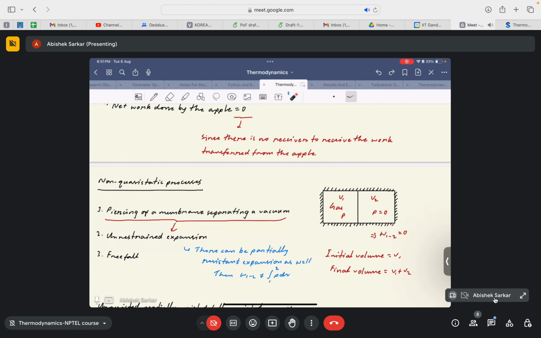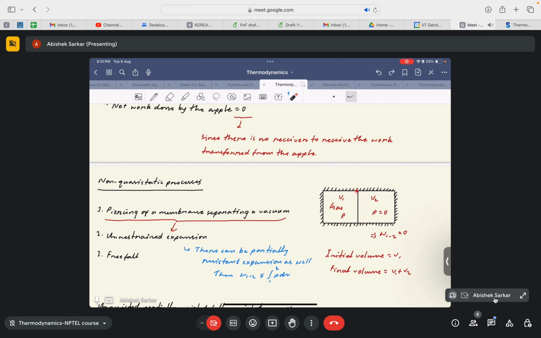Professor Anand describes some non-quasistatic processes by giving some examples. So, the piercing of a membrane separating a vacuum. This example I will just briefly go past because Professor Anand described it very clearly. It simply means that there is a chamber separated into two compartments by a thin membrane.